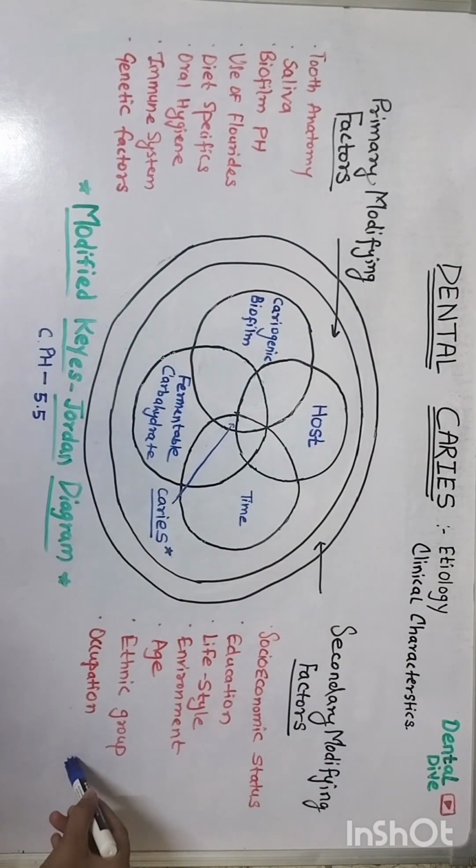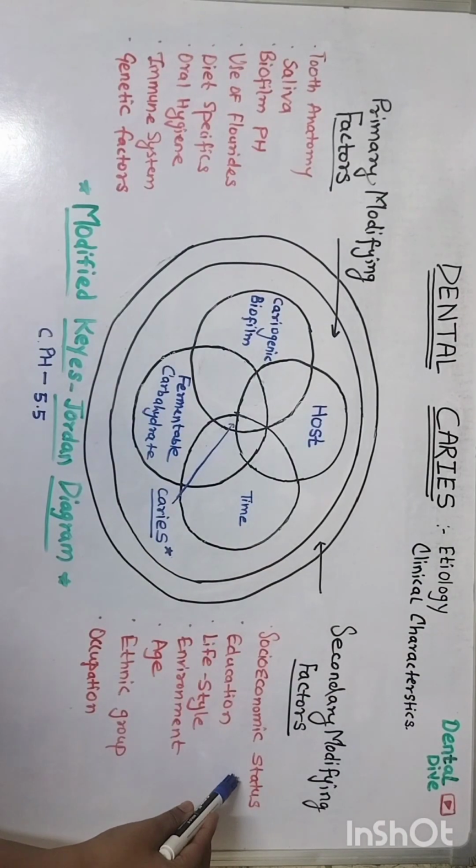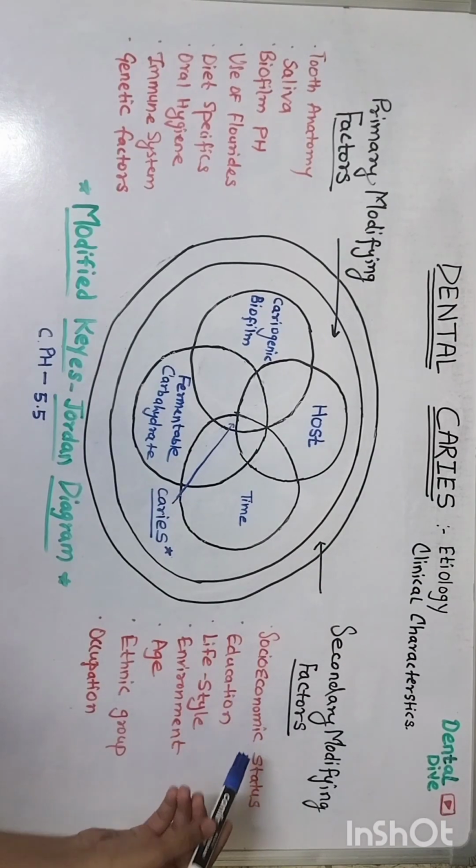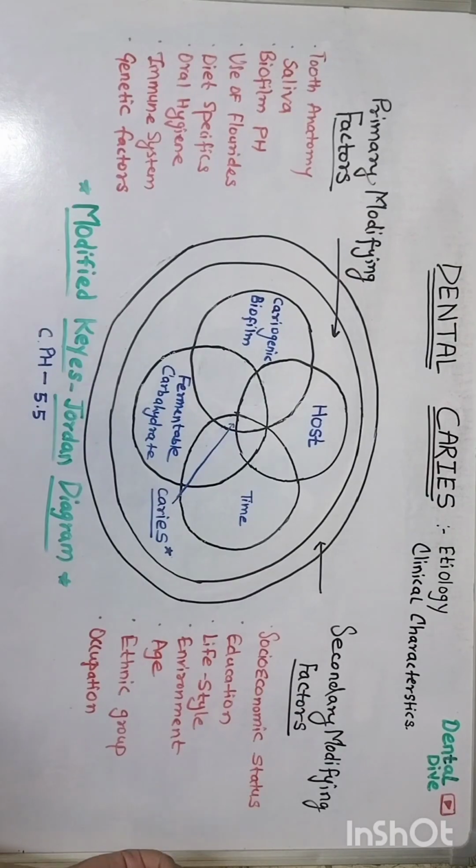In secondary modifying factors, the socioeconomic status. If the socioeconomic status is not good, the patient may or may not be able to maintain a proper oral hygiene routine. If there is no education on oral hygiene routine, then there will be more dental caries seen. If the lifestyle is too basic or too stagnant, which will also add up in modifying factors.